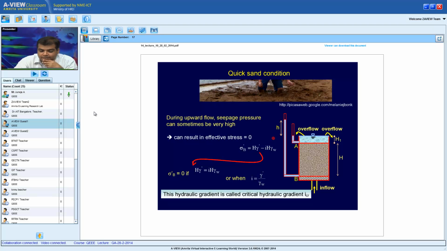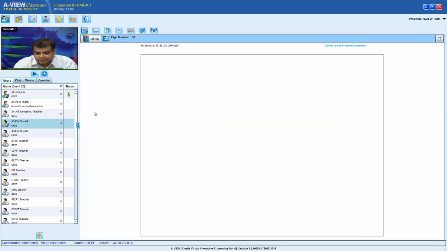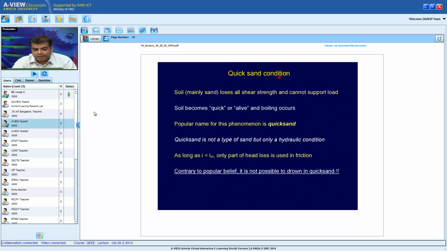In the next slide we'll look very carefully at what happens when this effective stress becomes 0 and you reach a critical hydraulic gradient. We call that situation the quicksand condition. In quicksand condition, because effective stress has reached 0, the soil cannot support any load.